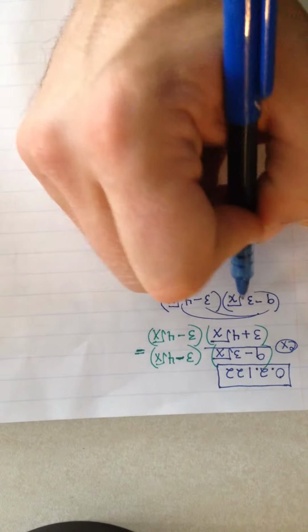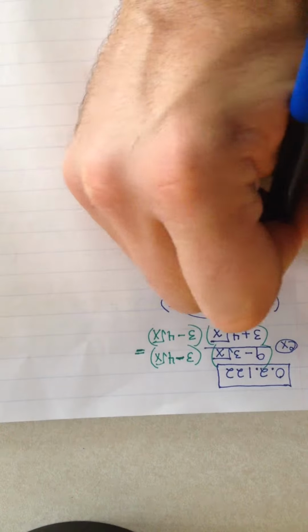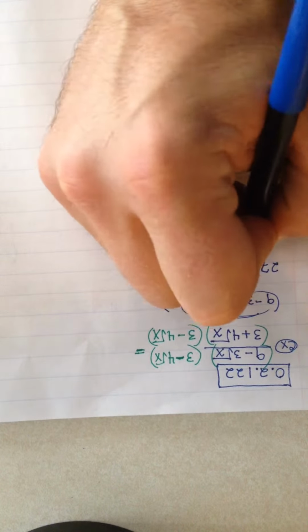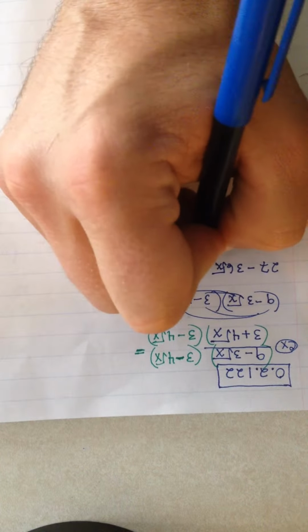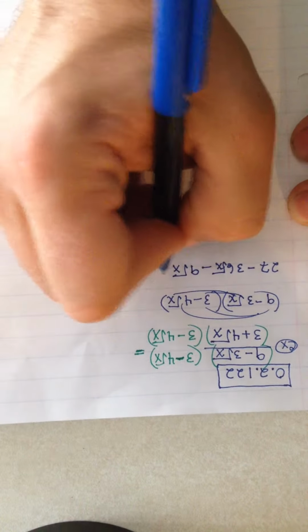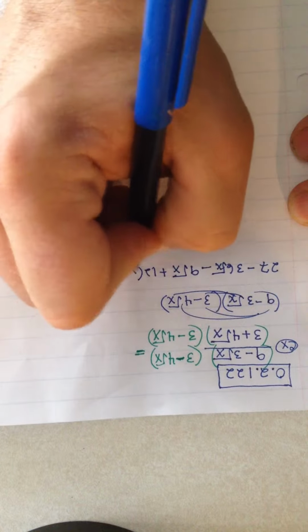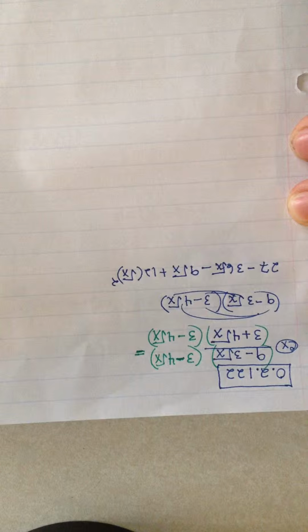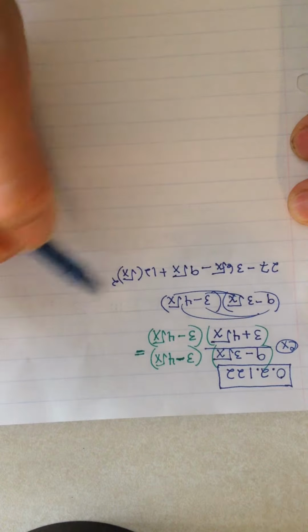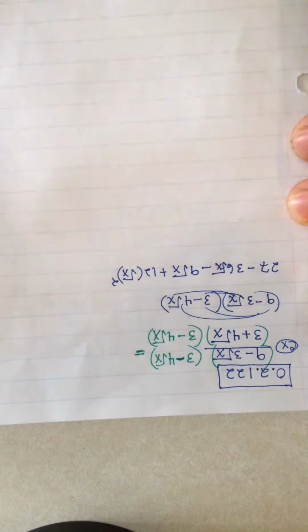When we distribute, you should get 27 minus 36x root x, minus 9 root x, and then plus 12 times the square root of x times square root of x. I like to write square root of x squared. It just reminds me that whenever you square root, you get what's inside.